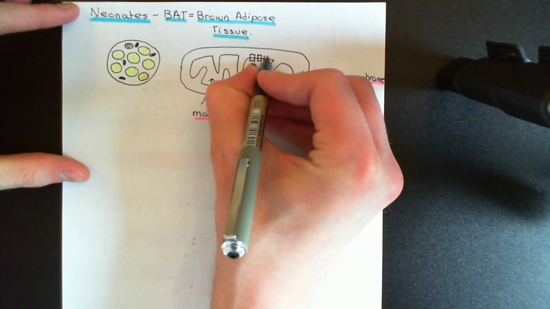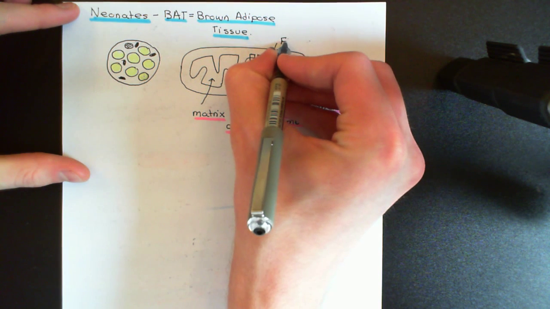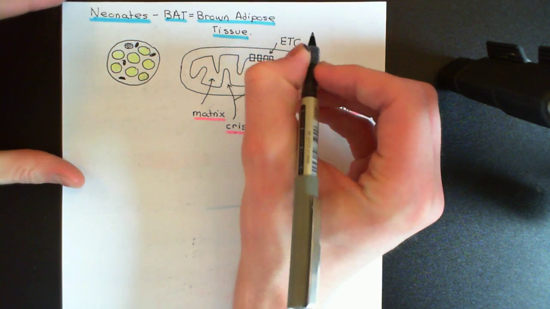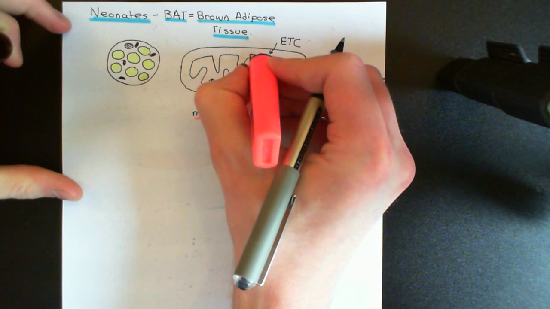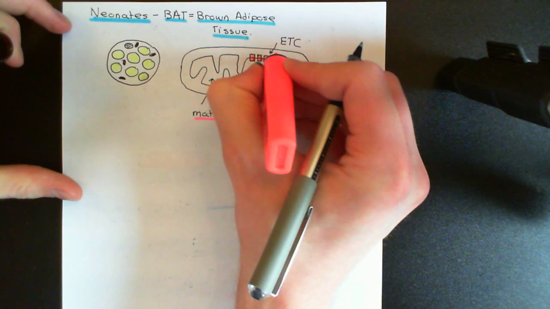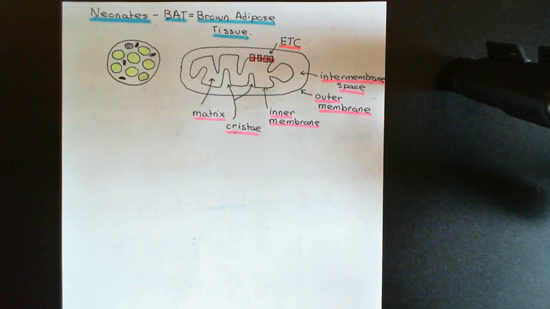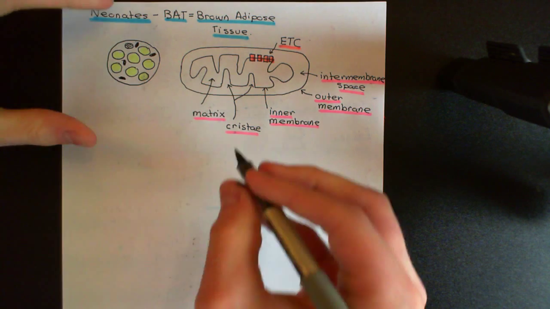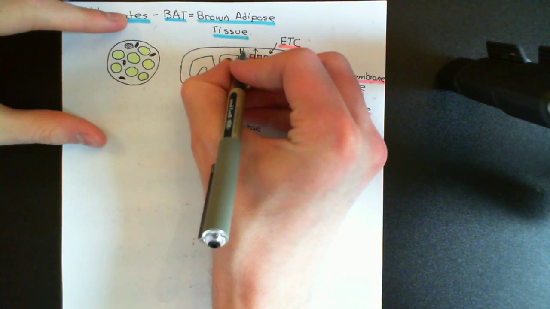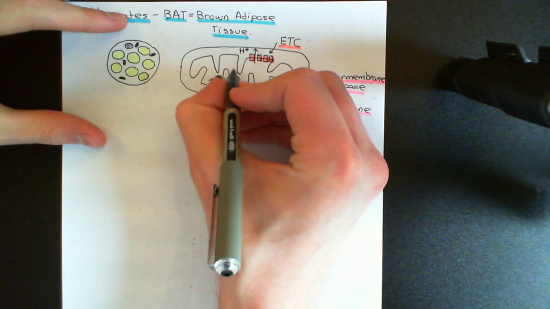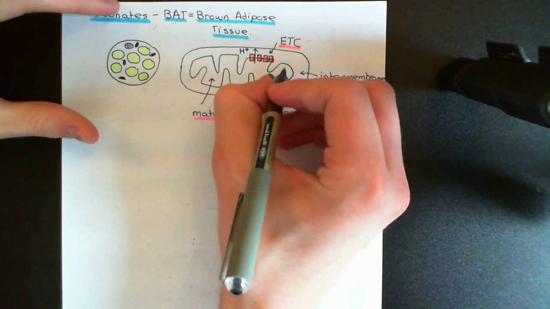So I'll just draw a few of them here, like so, which are known as the proteins of the electron transport chain, so the ETC. And remember, these proteins are massive great complexes of loads of separate polypeptides, and they pass the electrons from one to the other, and they gradually extract energy from those electrons, and they use this energy to move protons from the matrix of the mitochondria to the intermembrane space.